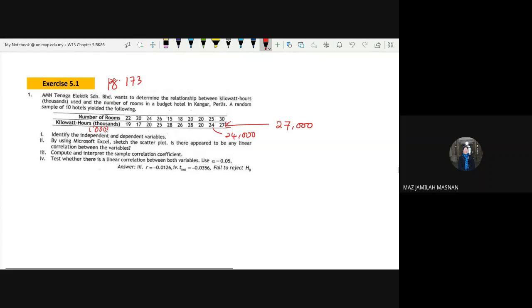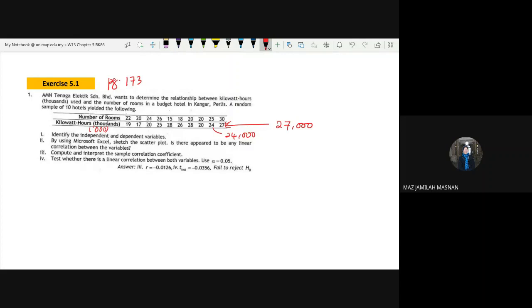So what do we do here? AMN Tenaga Elektrik Sdn Bhd wants to determine the relationship between kilowatt hours in thousands used and the number of rooms in a budget hotel in Kanga Place. A random sample of 10 hotels yielded the following.